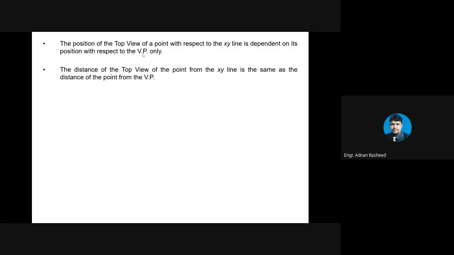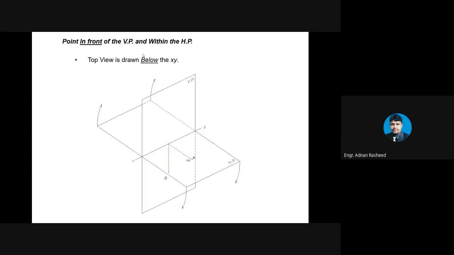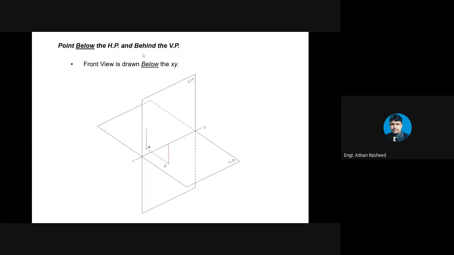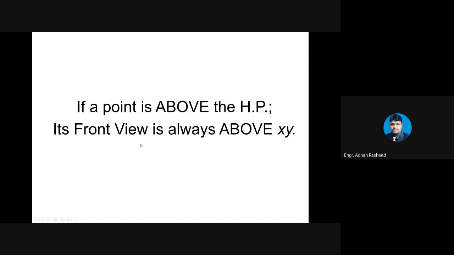Now, the distance of the top view of a point from the XY line is the same as the distance of the point from the vertical plane. What does it mean? Let's look at this example. Suppose this point A is 20 mm behind the vertical plane. You can see that this is the vertical plane and this is point A. If you want to watch it from the top, you will get this top view.